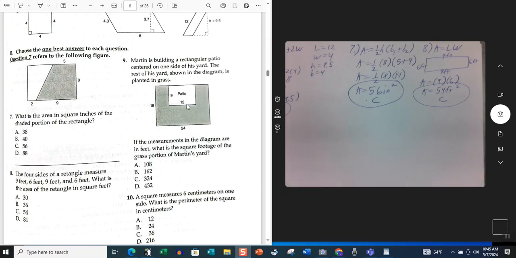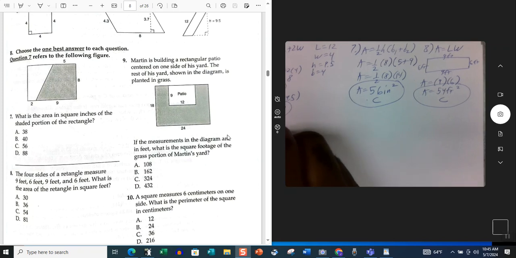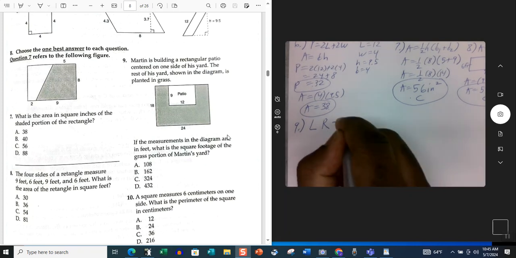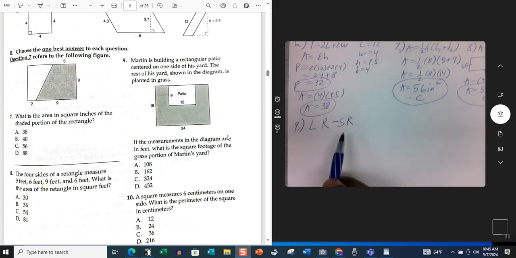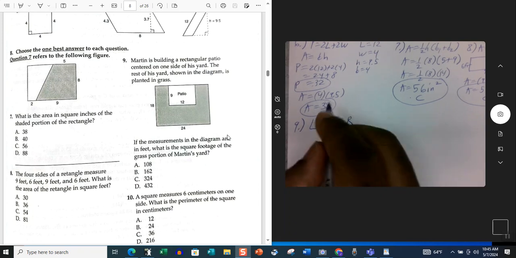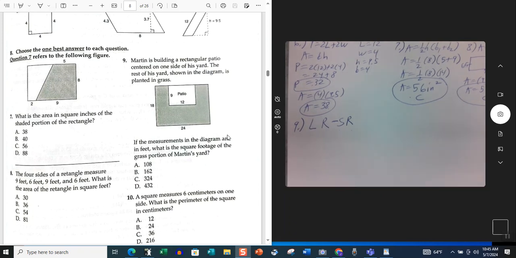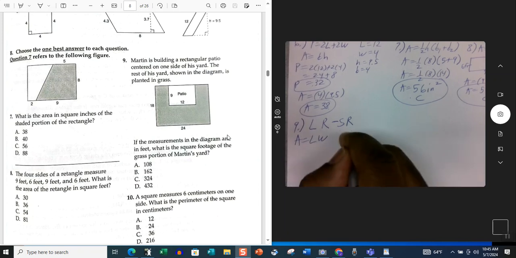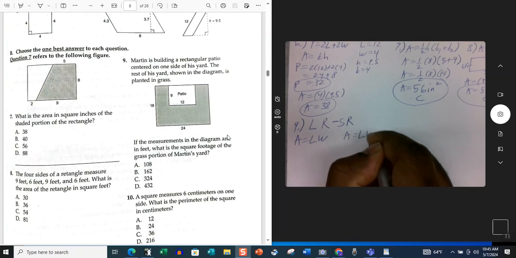So what we're going to do, we're going to take the large rectangle. I'm going to put LR for large rectangle, minus the small rectangle, which is SR. So the large rectangle is what you see, the main portion of the grass seed. So we would take that area, which is length times width.